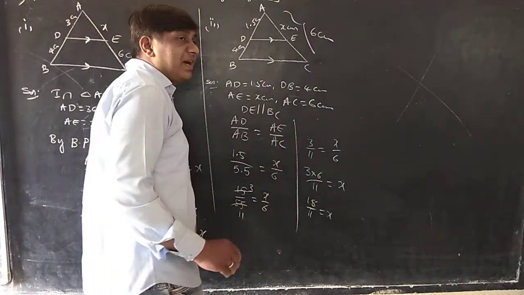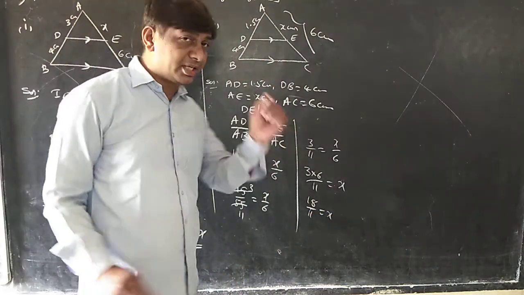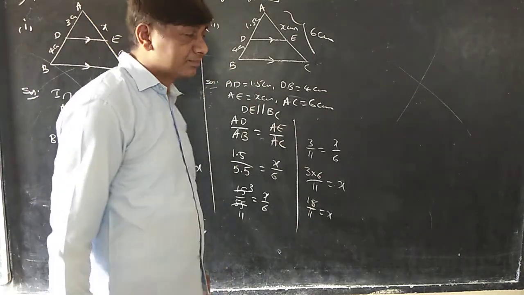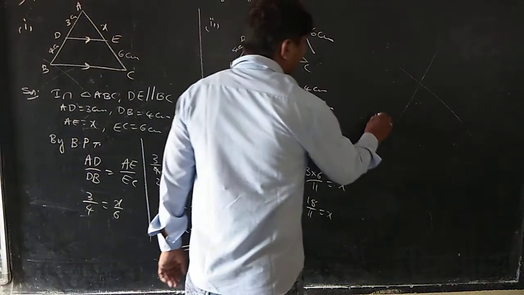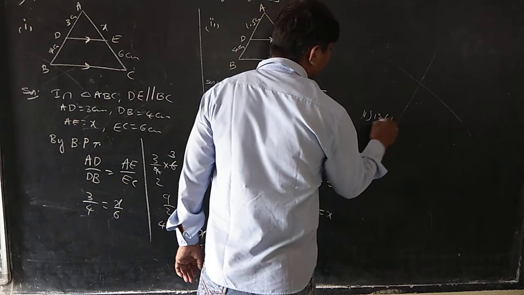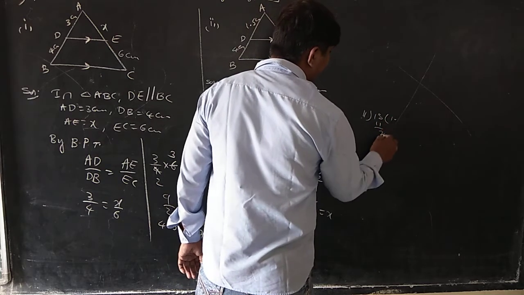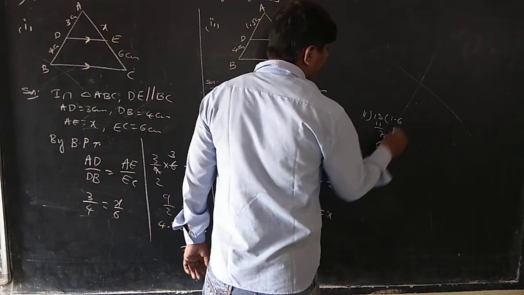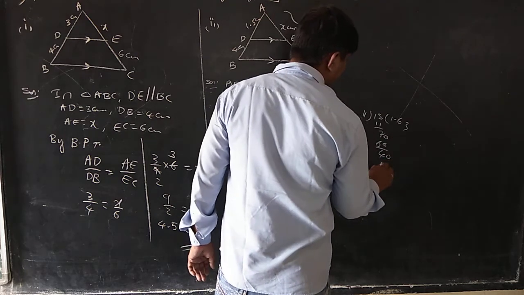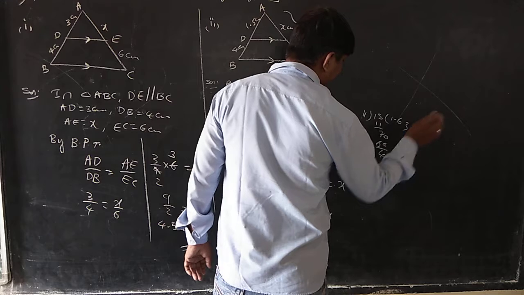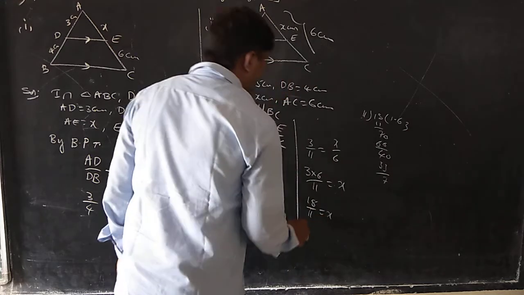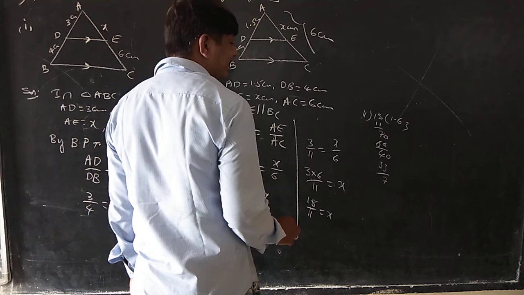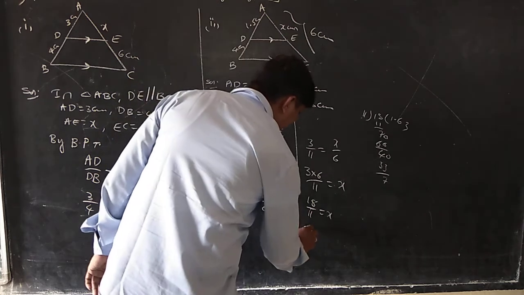Now approximate value you get. You don't get an exact decimal value because 11 is a prime number. Divide 18 divided by 11. 11 ones are 11. 7, 0. 11 6s are 66. 4. Point is at 0. 11 3s are 33. Again 7. It continues. Means 1.63 and so on.